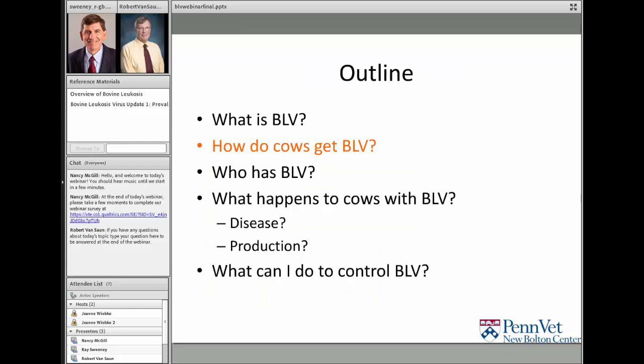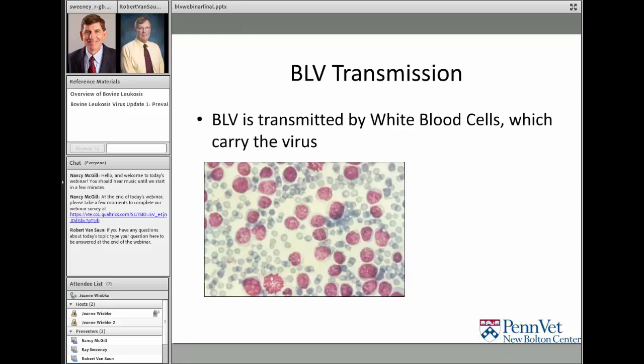Now let's talk about how cows become infected with the bovine leukosis virus. Well, this is a virus that is transmitted by blood. Remember I said that the virus lives in the white blood cells of infected cows? So any sort of process that would involve exchange of blood from an infected cow to an uninfected cow will transmit the virus.